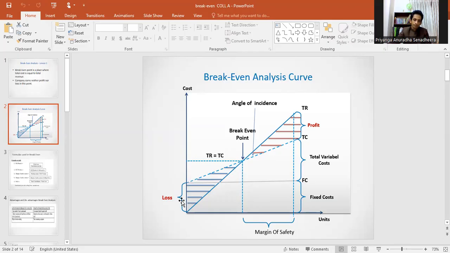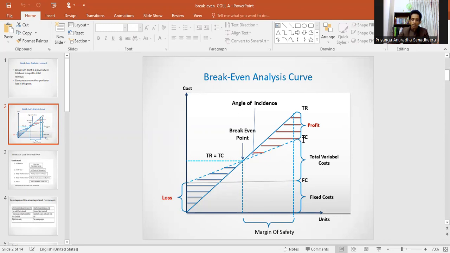Then you must remember your total cost line starts from here, because total cost equals the fixed cost plus variable cost. Therefore, the total cost line starts from the fixed cost line and goes through the point we marked before.